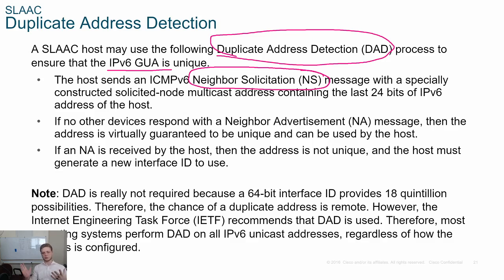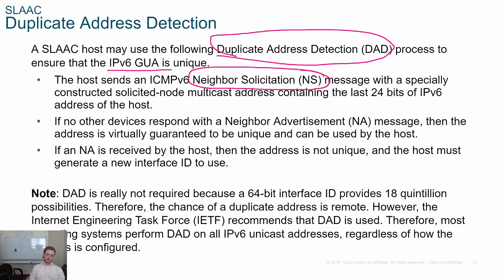If no devices respond to that neighbor solicitation, then we know that it is unique and nobody else is using it. If a neighbor advertisement is received in response, the address is not unique. The solicitation is a request, the advertisement is a response. If we get that, we generate a new ID and start all over again, sending it out to everybody to make sure that nobody's using it.